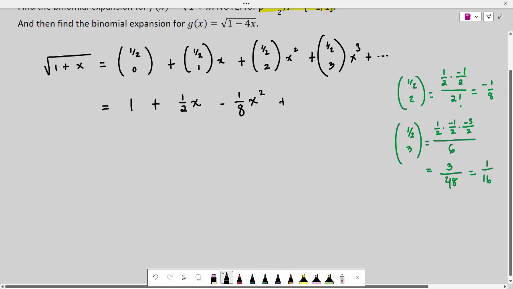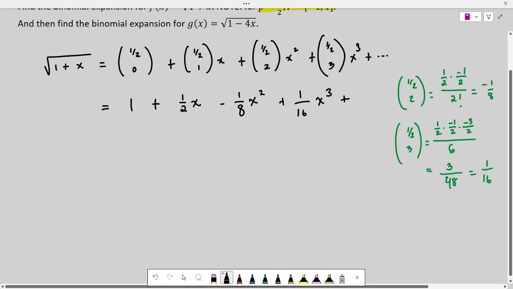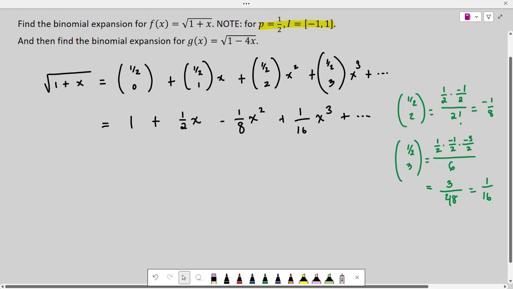So plus 1/16 x cubed plus etc. So there is our binomial expansion for 1 plus x to the half.